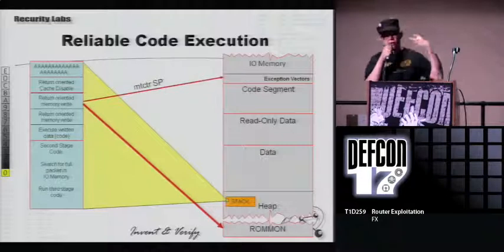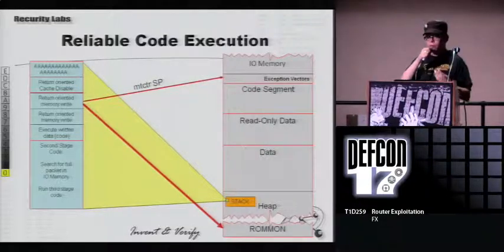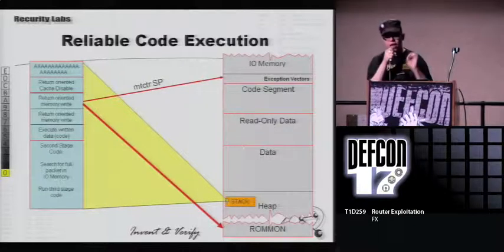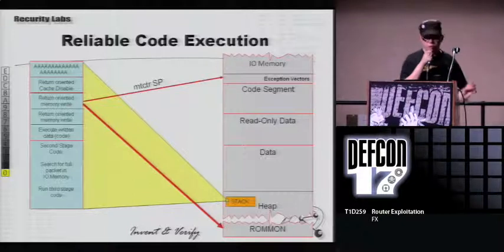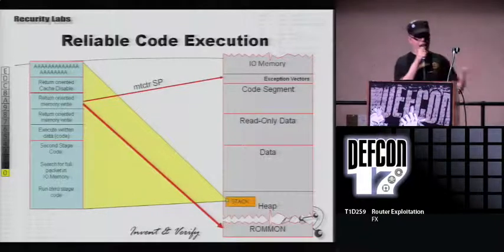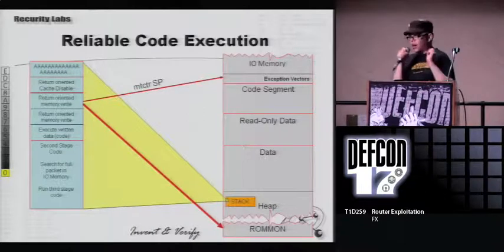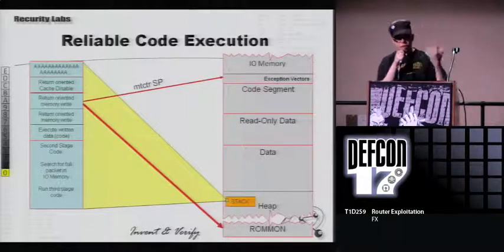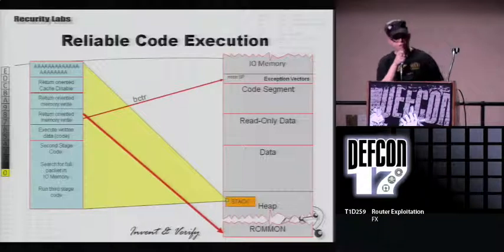Then we write one 4-byte, 32-bit word, which is an instruction, into the exception handlers. The exception handler area has to be in the same position. It has to be executable. I have no idea why it has to be writable, but it turns out it is. So I just write a move stack pointer to counter register instruction there, and then a branch to counter register instruction.